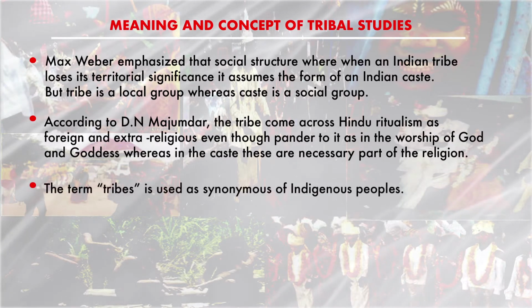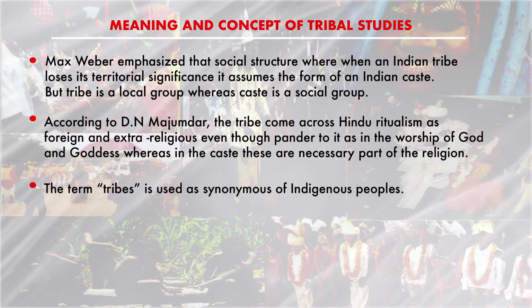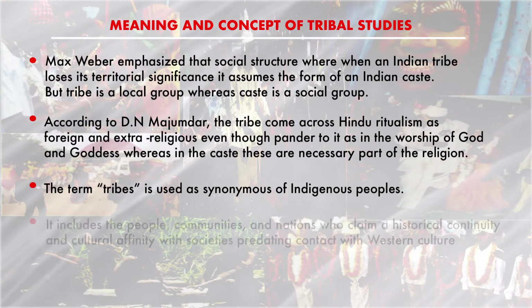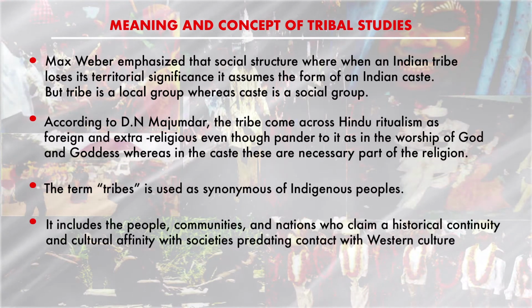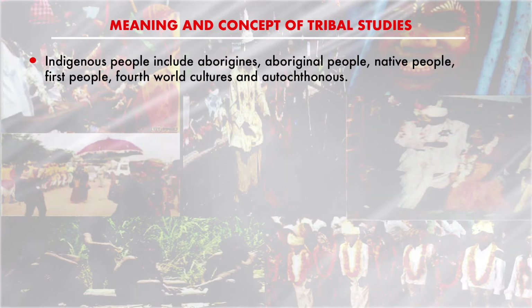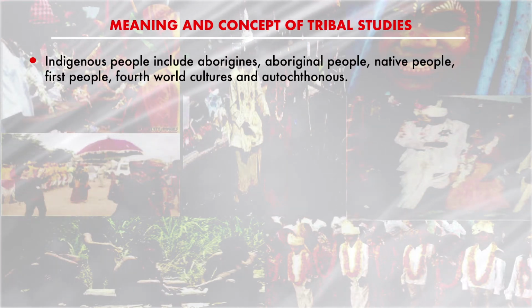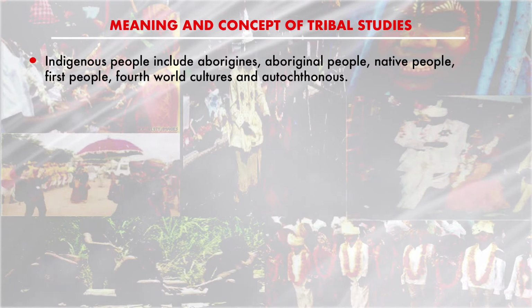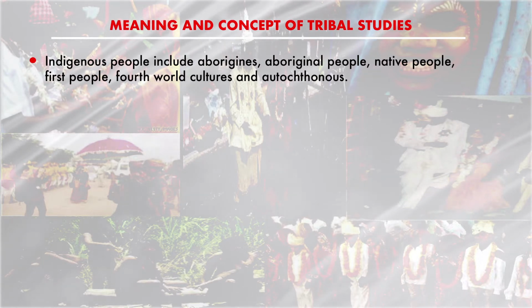The term tribes is used as synonymous with indigenous people. It includes the people, communities and nations who claim historical continuity and cultural affinity with societies predating contact with Western culture. Indigenous people include aborigines, aboriginal people, native people, first people, fourth world cultures and autochthonous.